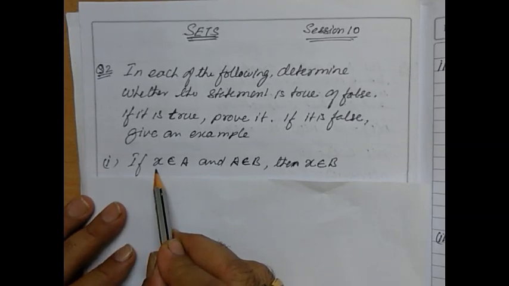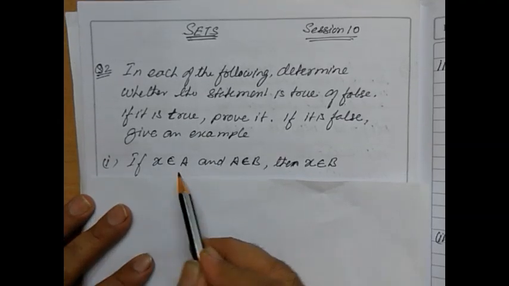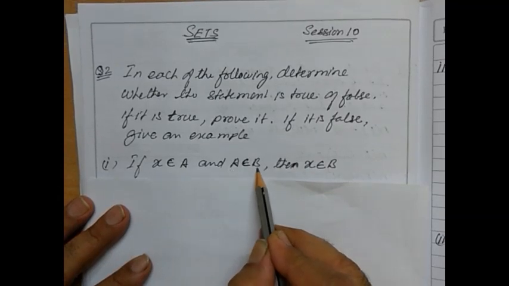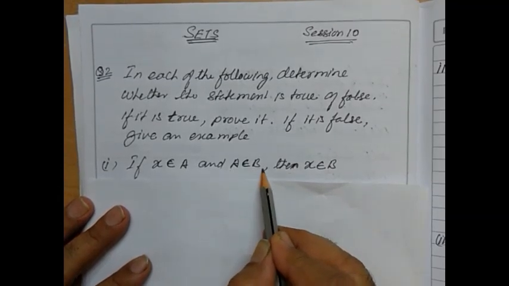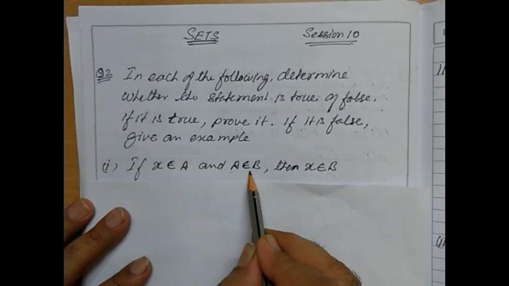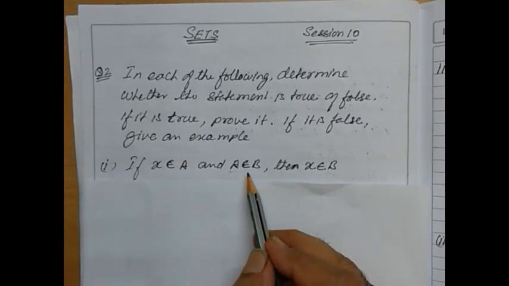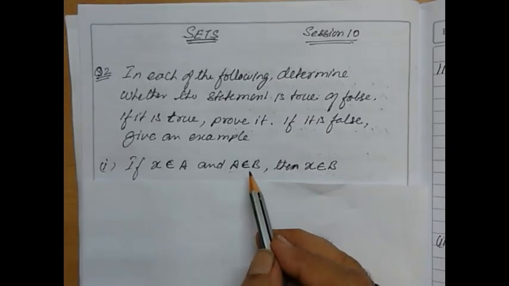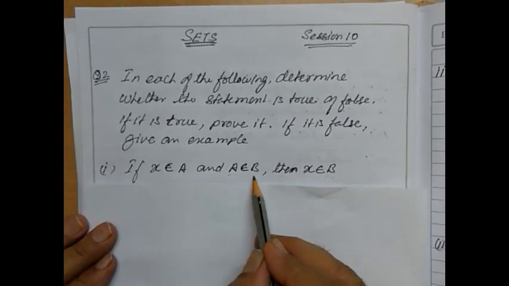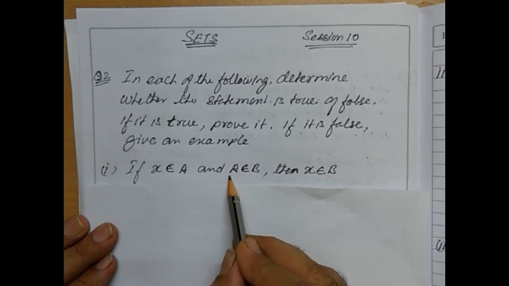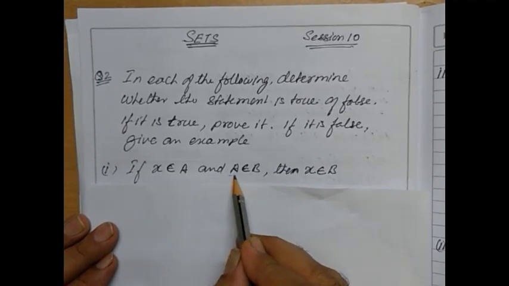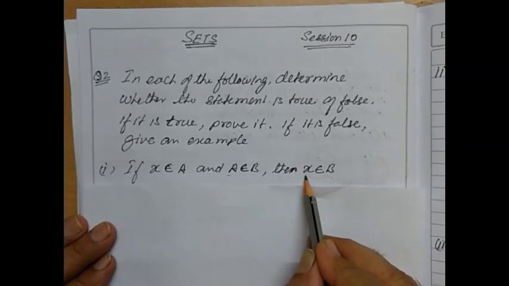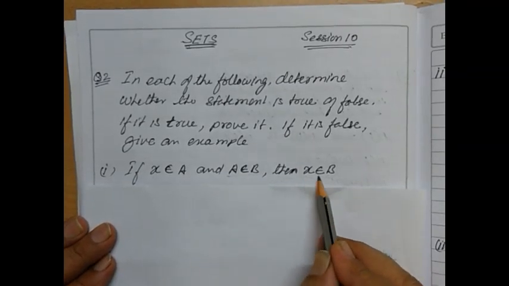So element X belongs to A, and A is a set. So set A belongs to set B as an element. I explained this in the starting when we started about sets and subsets. This means that set A is an element of set B and X belongs to A, and you have to prove that X belongs to B.